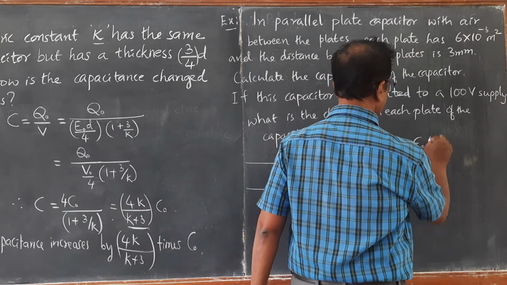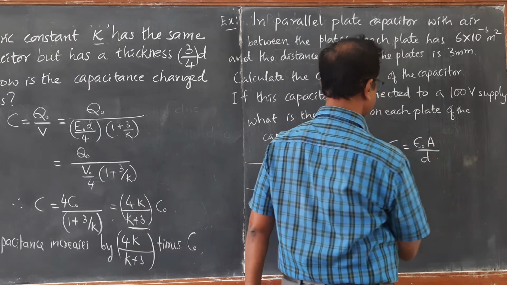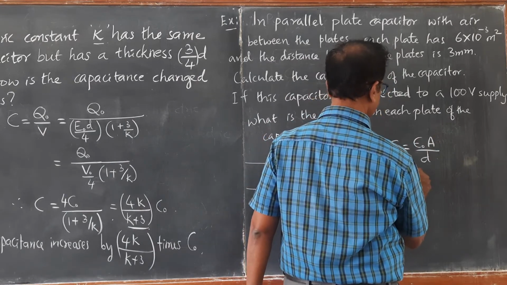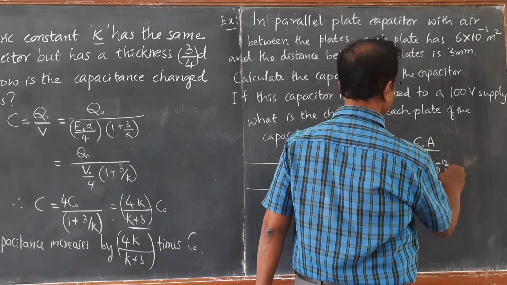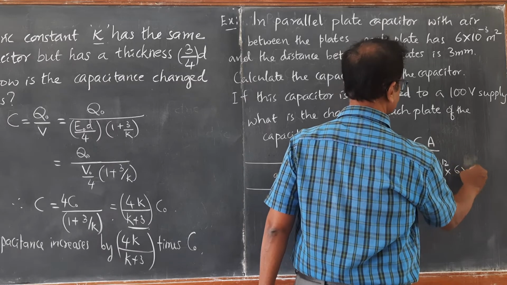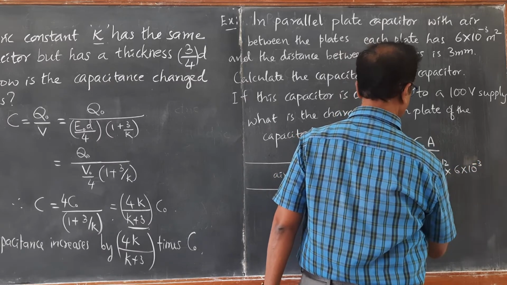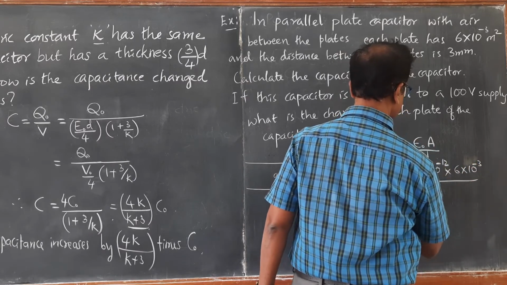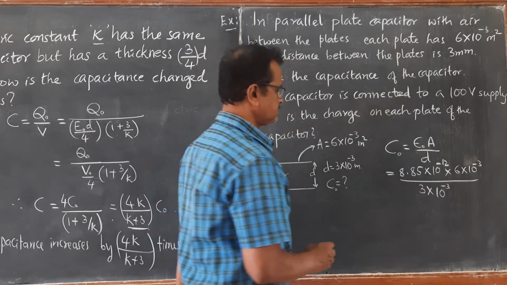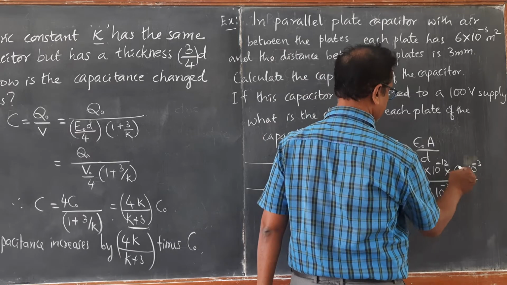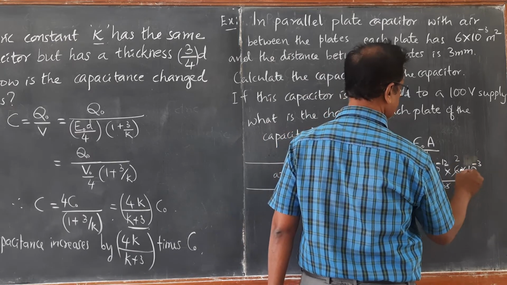It is given by epsilon naught A upon D. Just substitute the values: 8.85 into 10 raised to minus 12 into area 6 into 10 raised to minus 3, divided by the distance 3 into 10 raised to minus 3 meter. The 10 raised to minus 3 cancels.